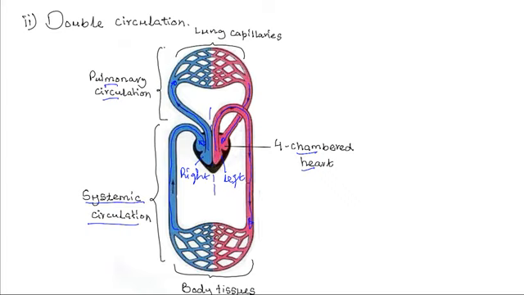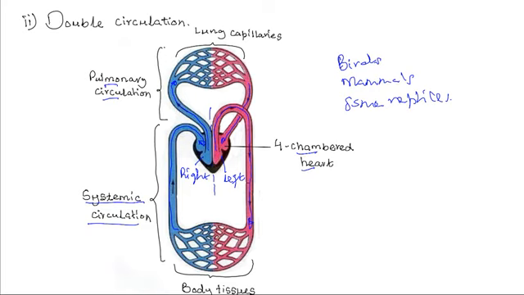This makes the animals that have the double circulatory system very active, much more active compared to fish. Animals that have a double circulatory system include birds and mammals. Some reptiles also have a double circulatory system.